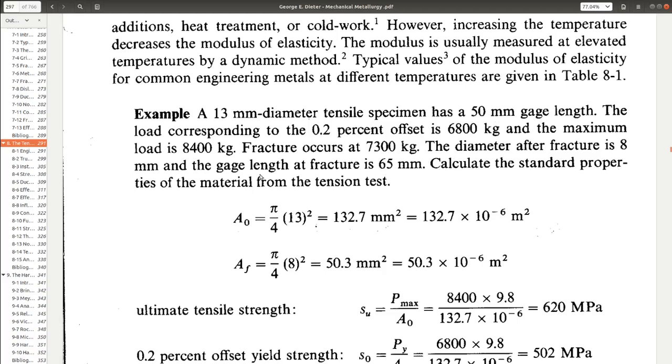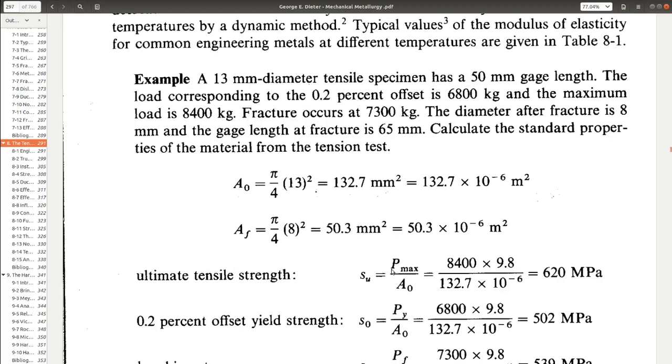Calculate the standard properties of the material from the tension test. Okay, so initially with the diameter they have measured the original cross-section area and the final cross-section area. From this data we could measure the ultimate tensile strength.